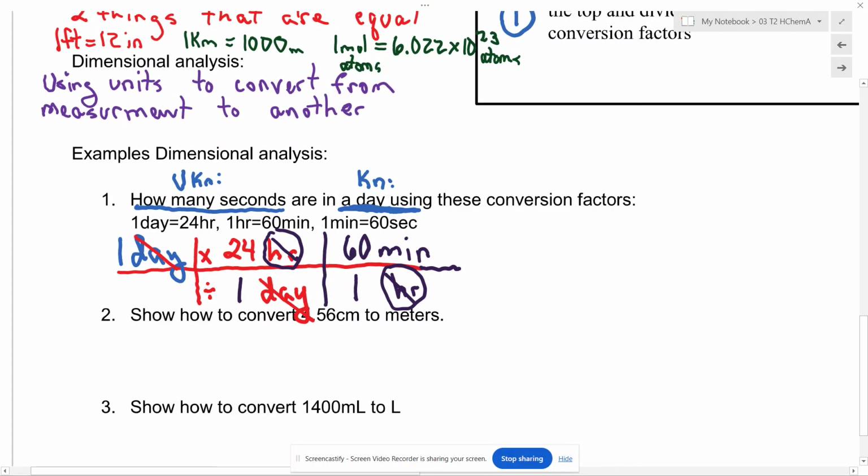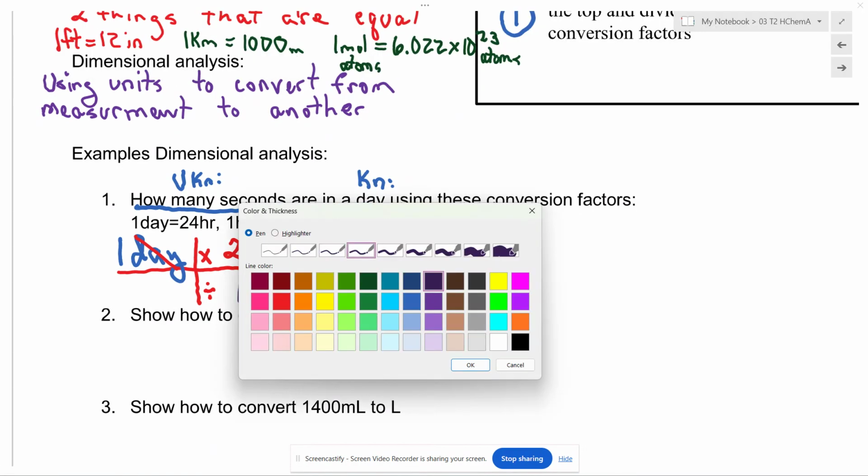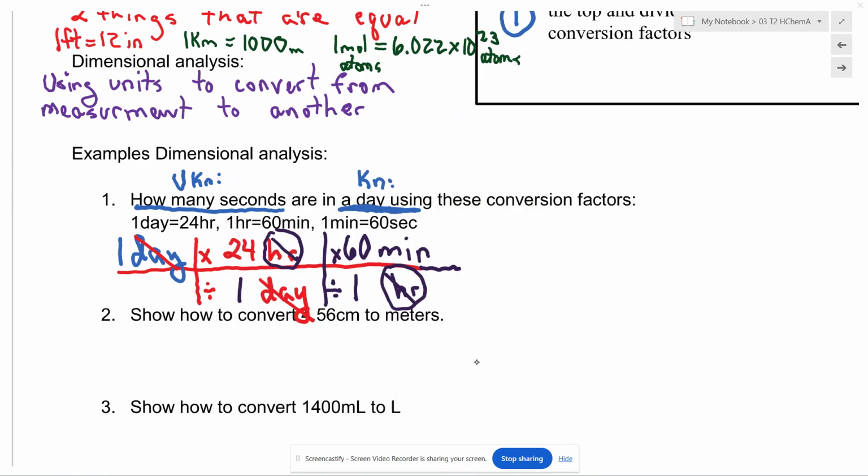So now our dimensional analysis has us converted to minutes. So if we put these things into our calculator now, always multiplying the thing on top and dividing by the thing on the bottom, we would be in minutes at this point. But we want to do one more because we want to be in seconds at the end of this problem.